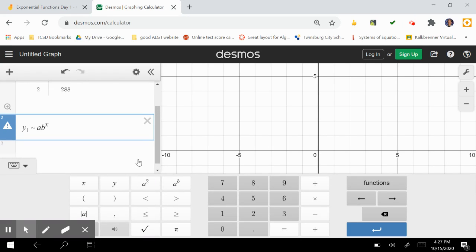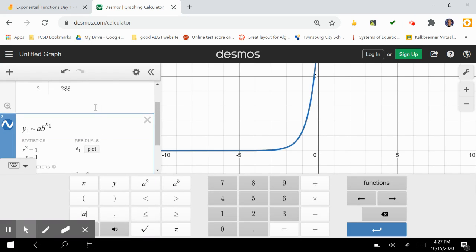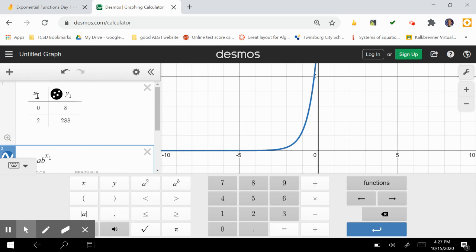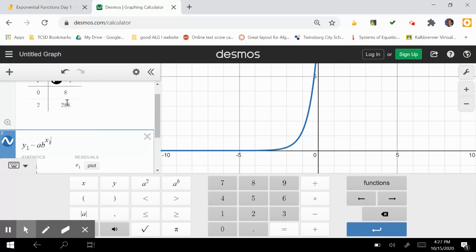All right, and then I'm going to put 1 there, because if you look at my table up here, there's my y1 and here's my x1.